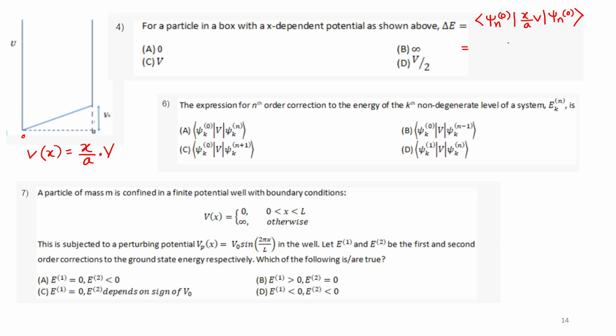I will write it in terms of the integrals. Before that I will take the constant outside. X is the only function here, right? Now psi n, you remember, is root 2 by L sin n pi x by L. This was the wave function for a particle in a box. Here instead of L I should write a, because here the box length is given as a.